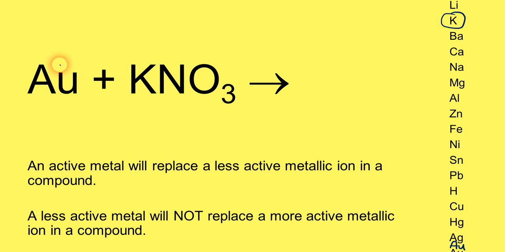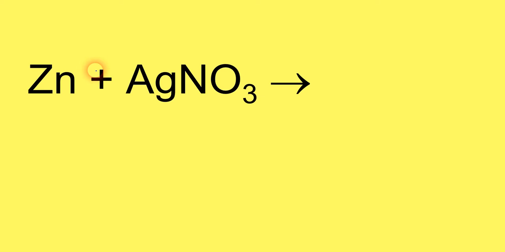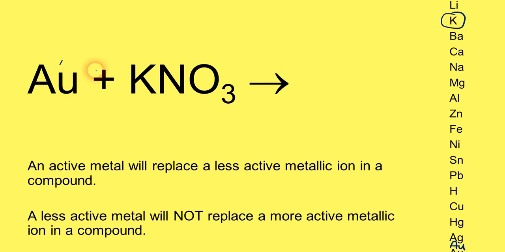And so if gold is, let me roll that back a slide here. If gold is trying to kick out potassium, well, gold being all the way down here, do you think it's going to be able to kick out something that's all the way above it on this hierarchy of activity?